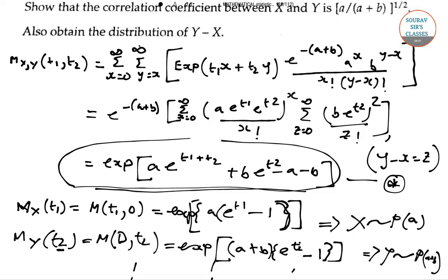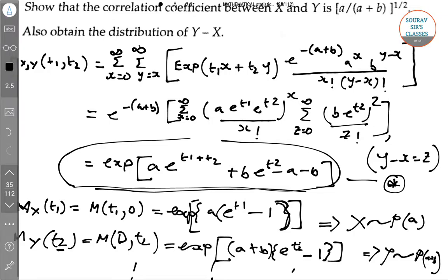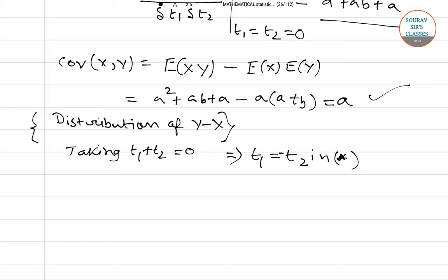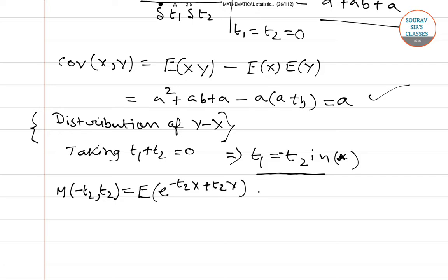So I hope you guys got it. Now we'll go to that page, and so we can write t1 equals to minus t2 in star. Now from here we simply write M(minus t2, t2) equals the expectation of e to the power (minus t2 x plus t2 y).